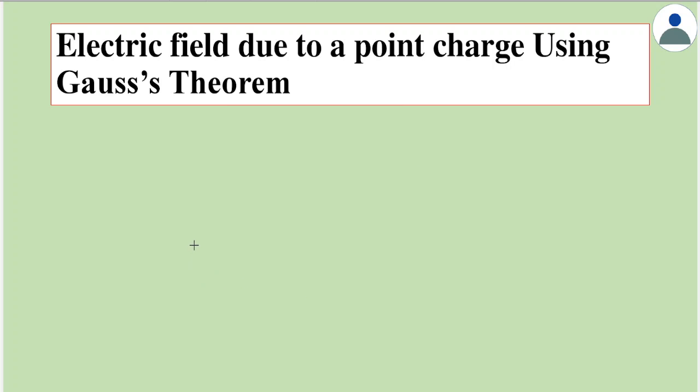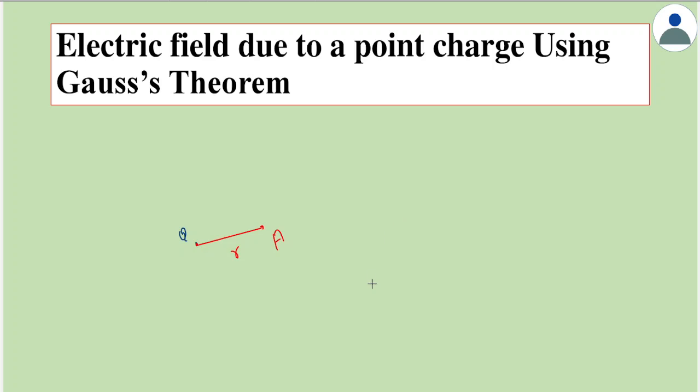Suppose we have charge capital Q, and our aim is to find the electric field at a given point. We want to find the field at this point P, or we'll call it A, to differentiate Q and P. At this point A, suppose we need to find the electric field such that the distance from point Q to point A is some small r.